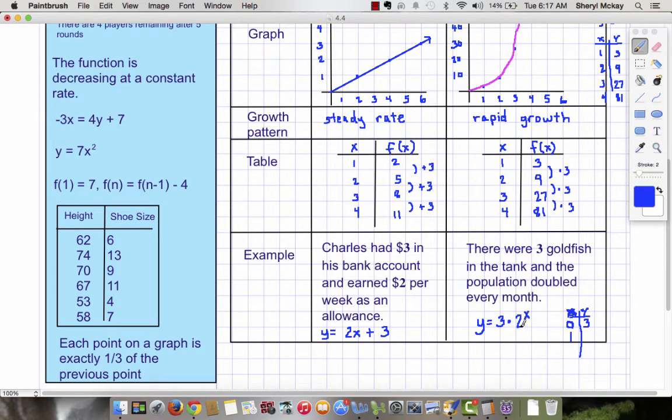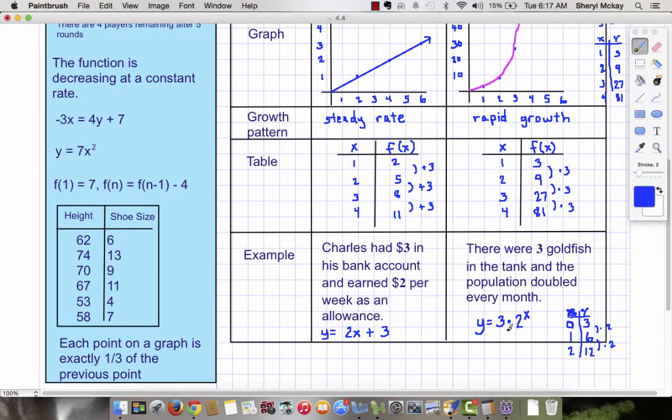So 2 to the 1 power is 2. 3 times 2 is 6. On the second month, he had 3 times 2 to the second power. Well, that's just 2 times 2, which is 4. 3 times 4 is 12. Do you see how it's doubling every time we multiply by 2? That's what those powers are.